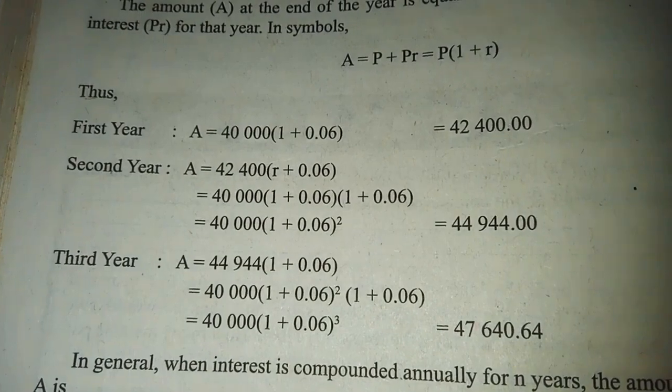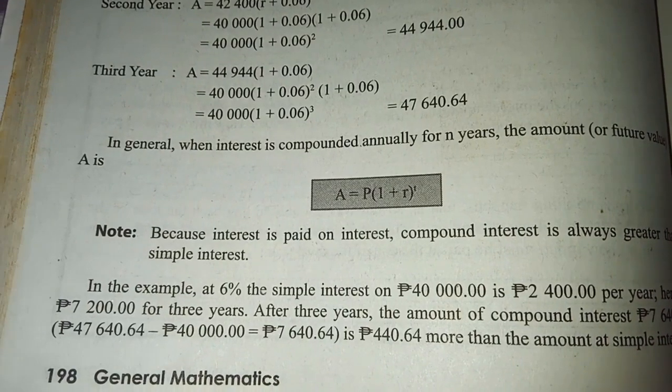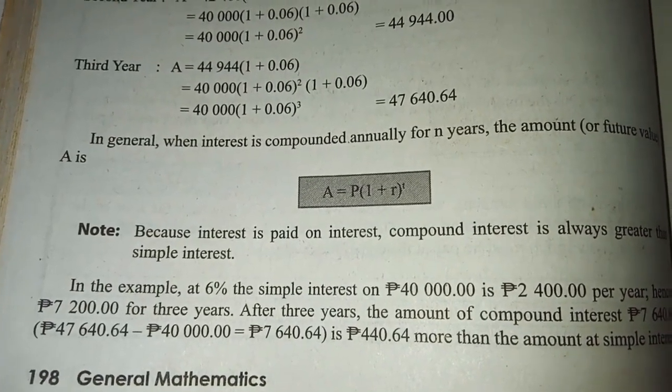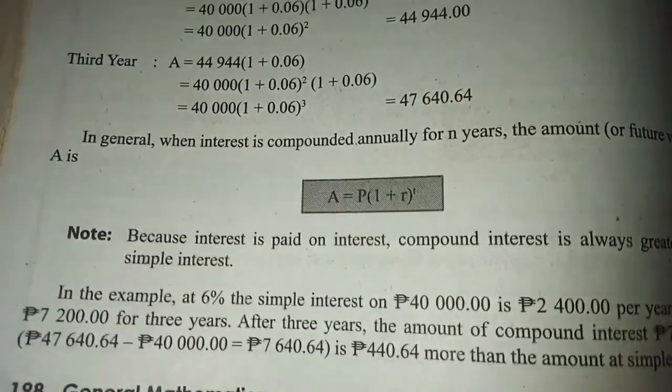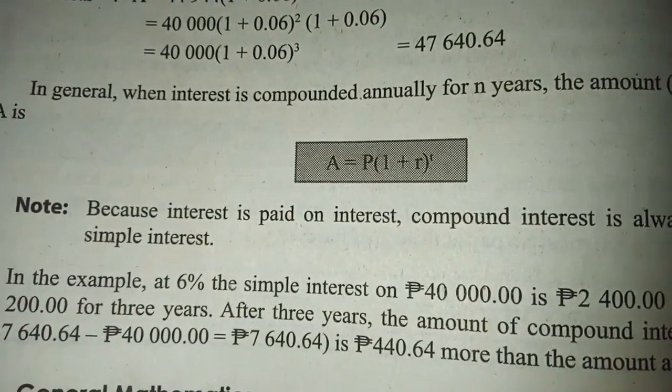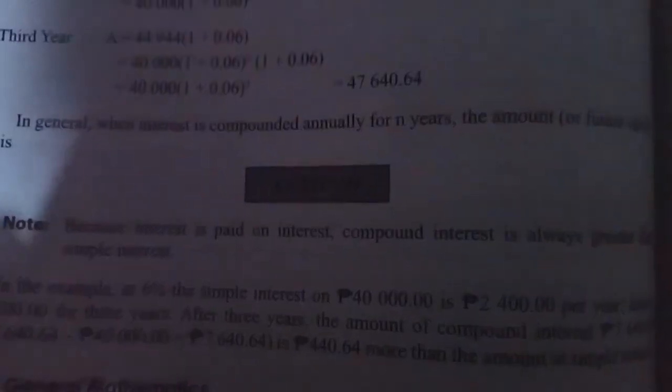Thus, in general, when interest is compounded annually for n years, the amount is A equals P times 1 plus R to the power n.